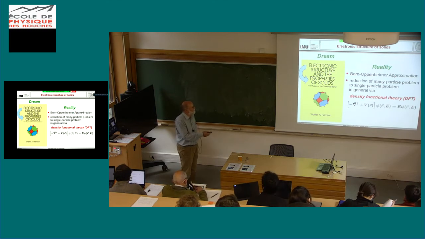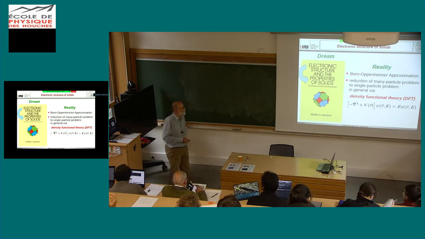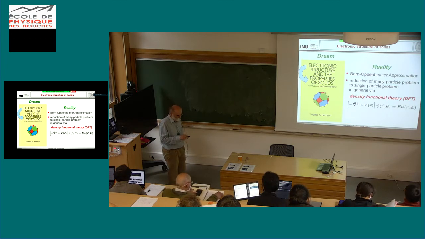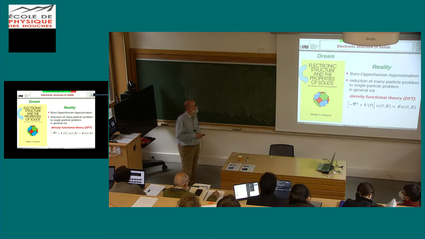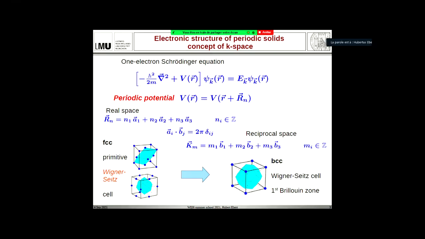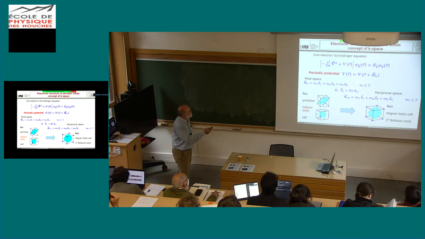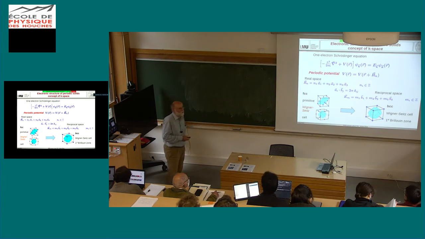So we have to handle the Schrödinger type of equation, and I use the term Schrödinger because all my formulas are on a non-relativistic level, but later on you see also some examples based on relativistic calculations. So we have to handle the Schrödinger equation for a solid, and we assume for the moment at least it's a periodic system. That means the potential that is entering the Schrödinger equation, whatever its character and origin, is periodic.